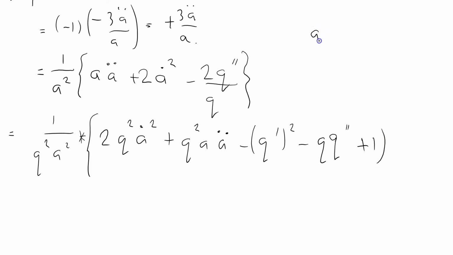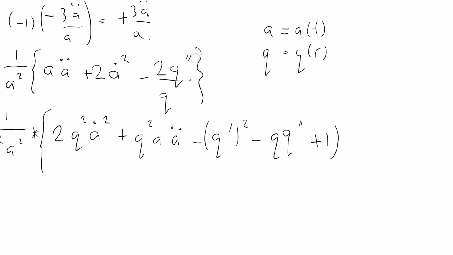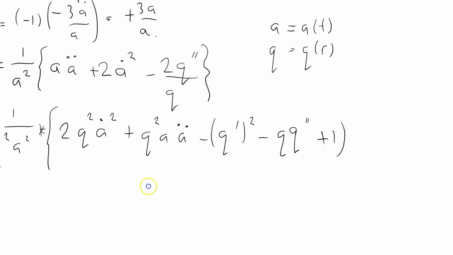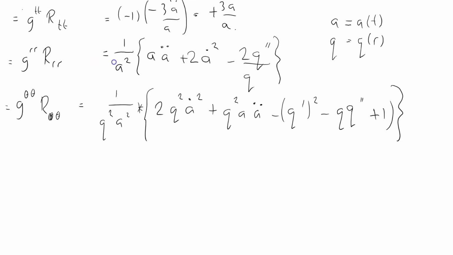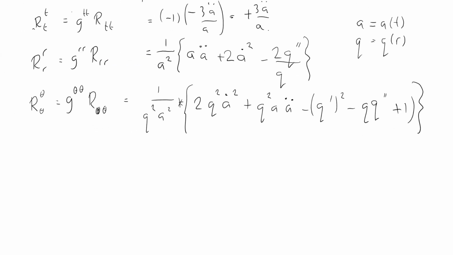In all of this, a equals a of t, the Hubble expansion parameter, and q equals q of r, which is a measure of the non-flatness of the space. I better close that bracket there. And we've got the other term here, which is R phi equals g phi times r phi equals, and I think it's the same thing.